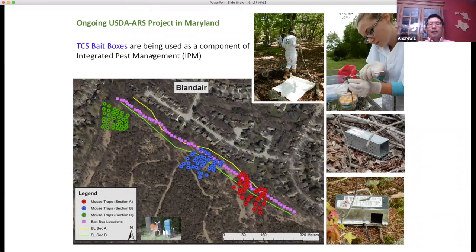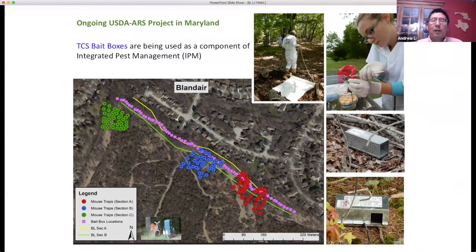Okay, as I mentioned, we have a USDA project, a 5-year project in Howard County, running from 2016 through 2021. There have been studies in the past testing individual products, 4-poster, bait box, metofit, as individual tools.